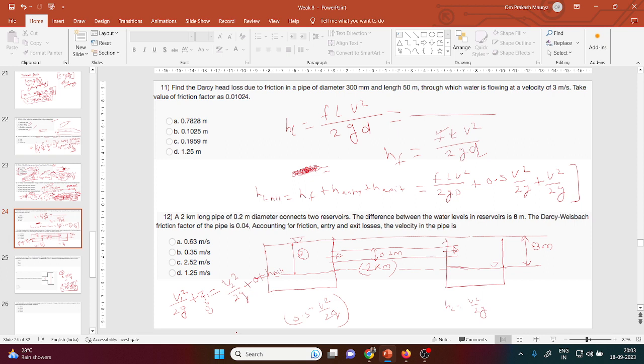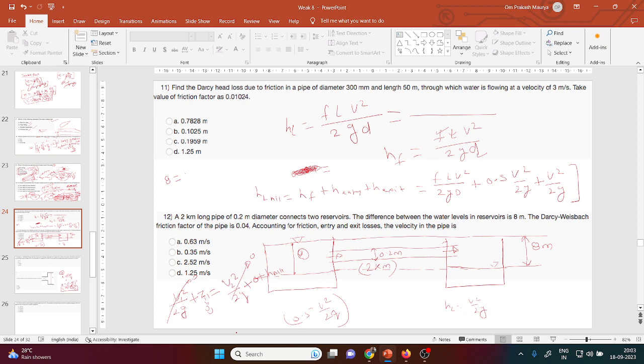So Z1 is given, so I think based on that your velocity in this reservoir and in this reservoir will be 0. So only Z1 is here. So 8 is equal to what? 8 is equal to your all losses.